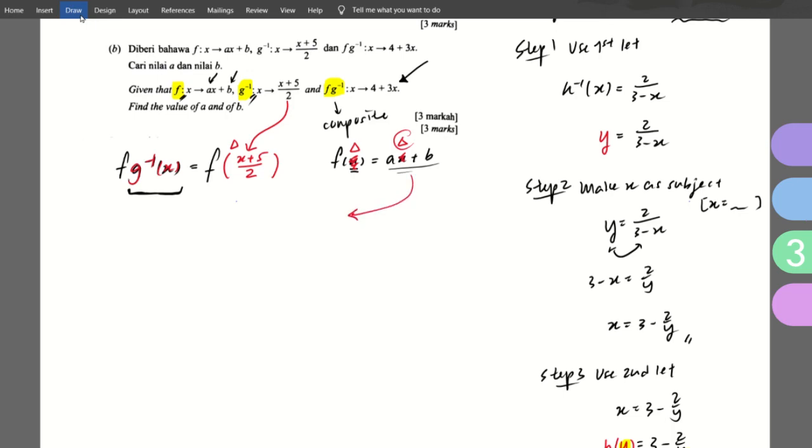Once I change this, it will become a times x plus 5 over 2, plus b. As you can see, I only changed the things which have a triangle. Now with this, I can just simplify it. Now we have our own composite function, and we can compare it with the one given.